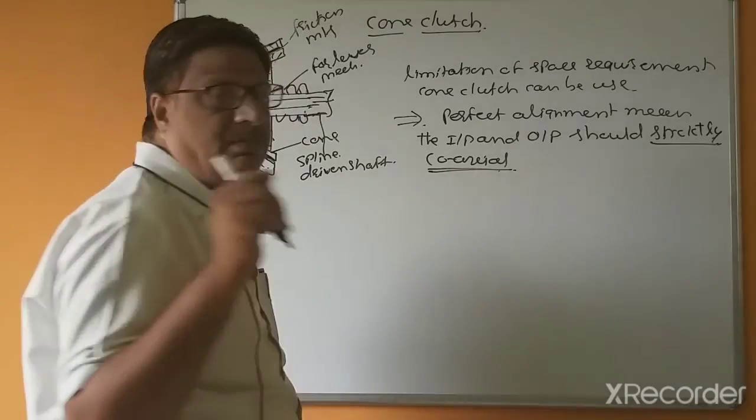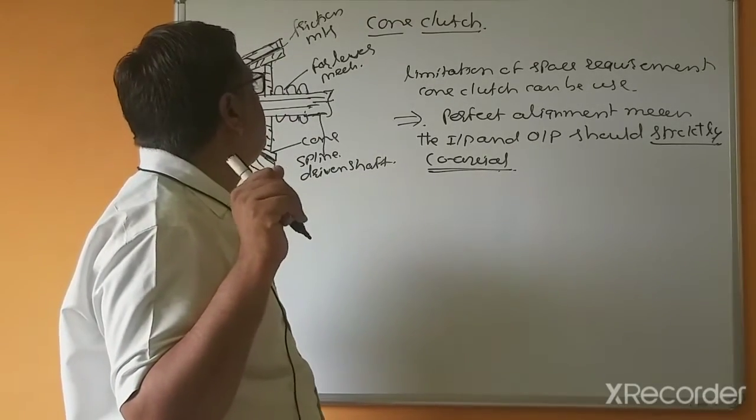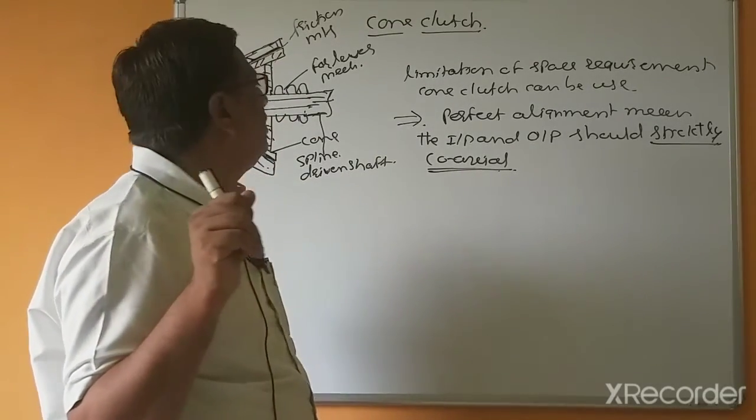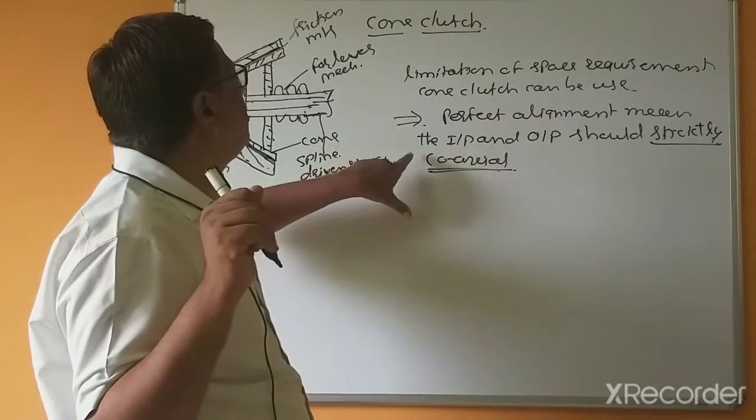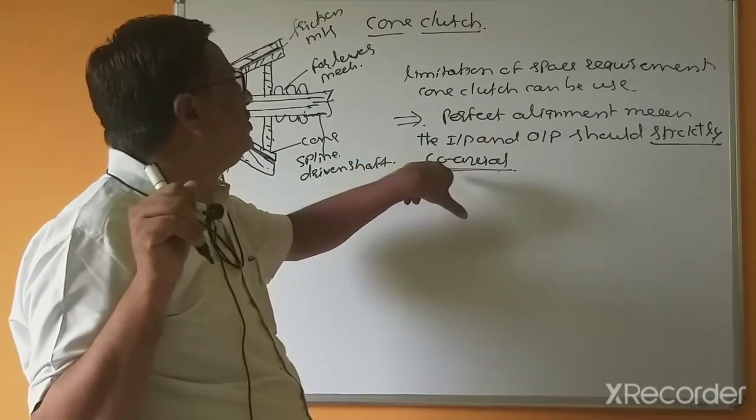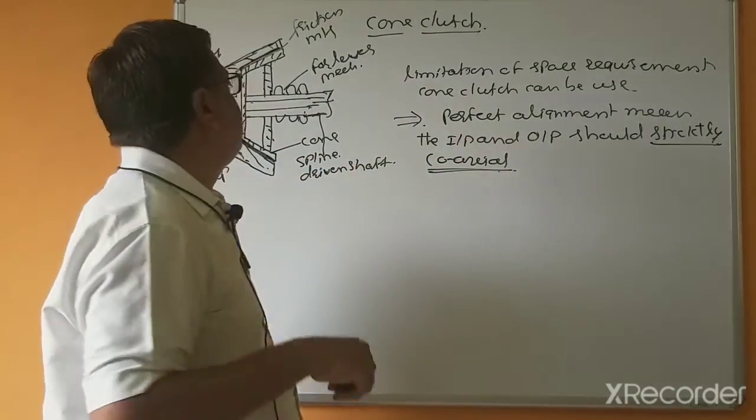So this is the main point to be considered during the running conditions of the cone clutch, that is, for the operation. So this should be strictly coaxial.